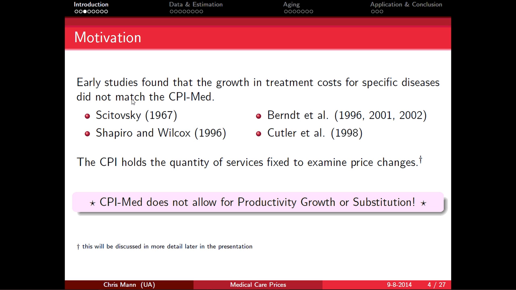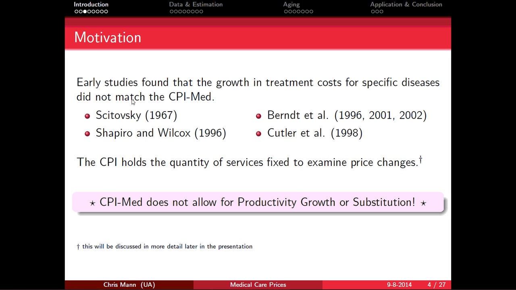All right. Now, the one thing that all six of these papers highlight is the fact that the CPI for medical care is not accurately reflecting cost for some people in the economy, right? And the reason why is, A, because it does not allow for the substitution across different types of services, like inpatient procedures to outpatient procedures or towards medicine, right?